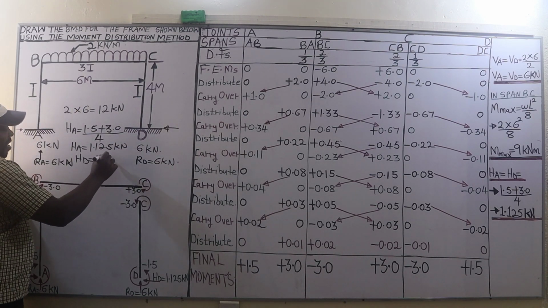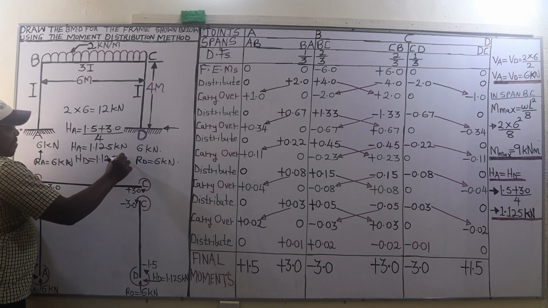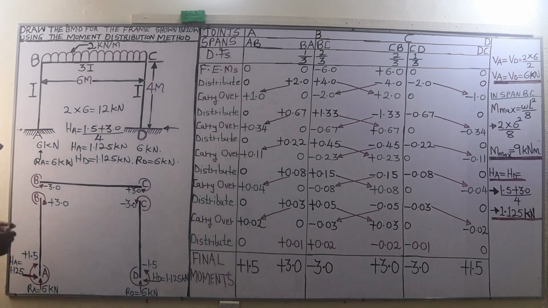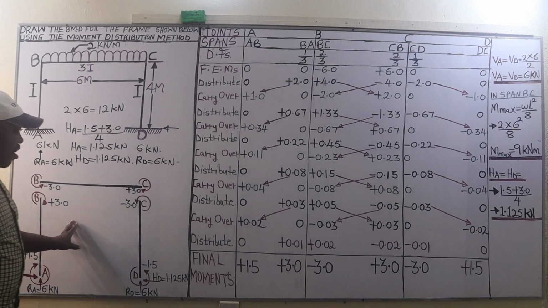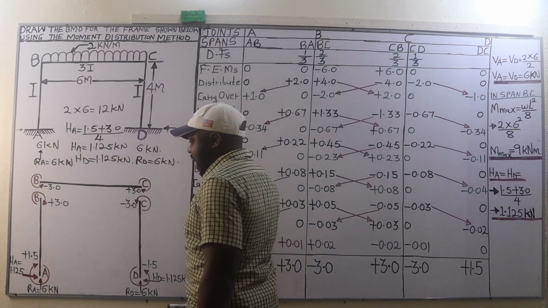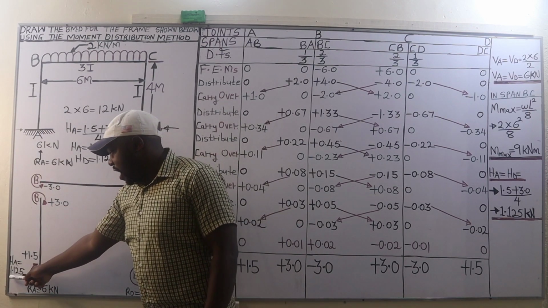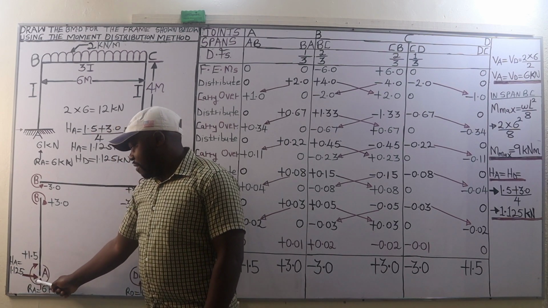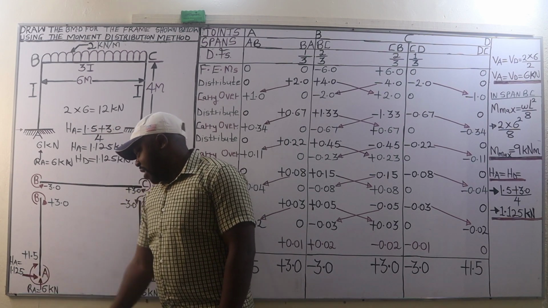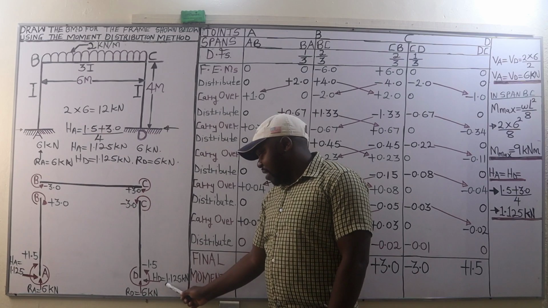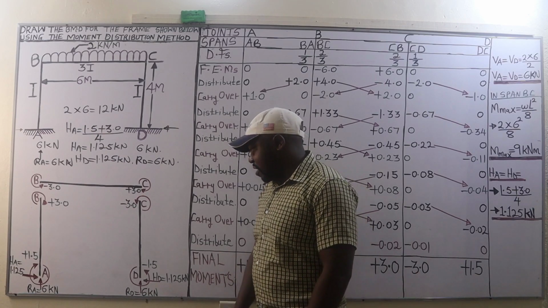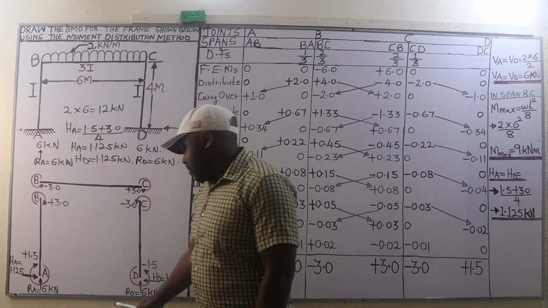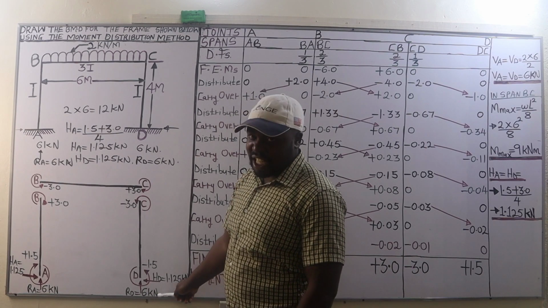Therefore, horizontal reaction at D is also 1.125 kilonewtons, and I have written them here on our free body diagram. So we got a horizontal reaction at A of 1.125 kilonewtons, and that one at D as well, 1.125 kilonewtons. The reaction at A as well as at D, 6 kilonewtons each.